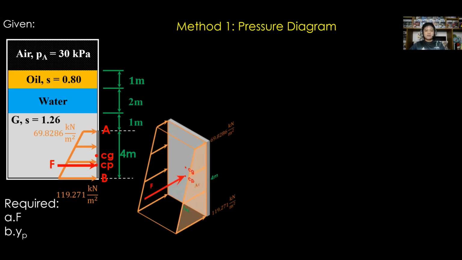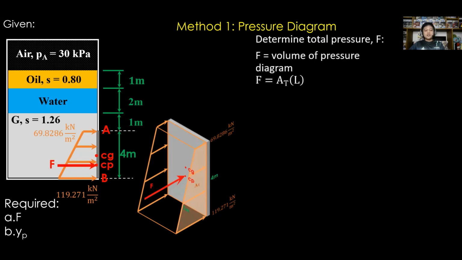So again, y sub p is assigned from the top of the submerged plane surface up to the concentration of F. Okay, so for F, it is equal to the volume of the pressure diagram, or again, A sub T, that is the area of the pressure diagram, multiplied by L, that is the width of the surface.